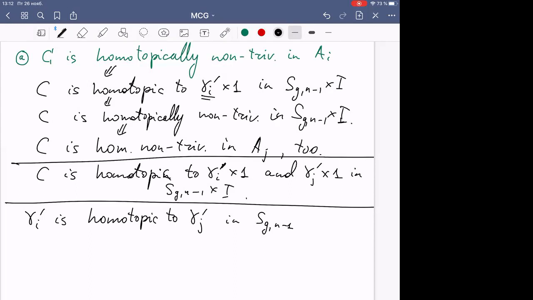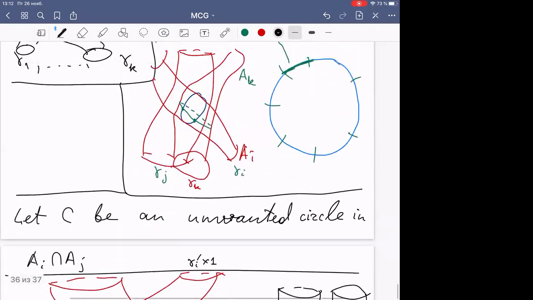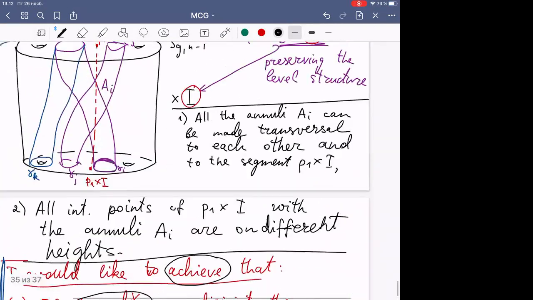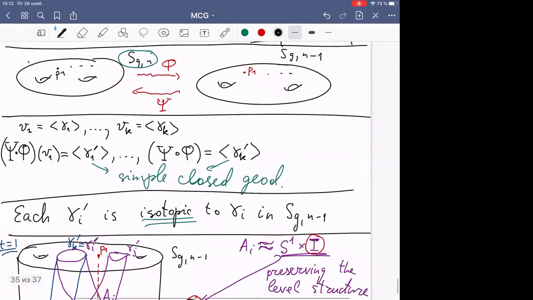Oh, okay, but actually this gamma I prime and gamma J prime, let us recall how the mapping psi was constructed.